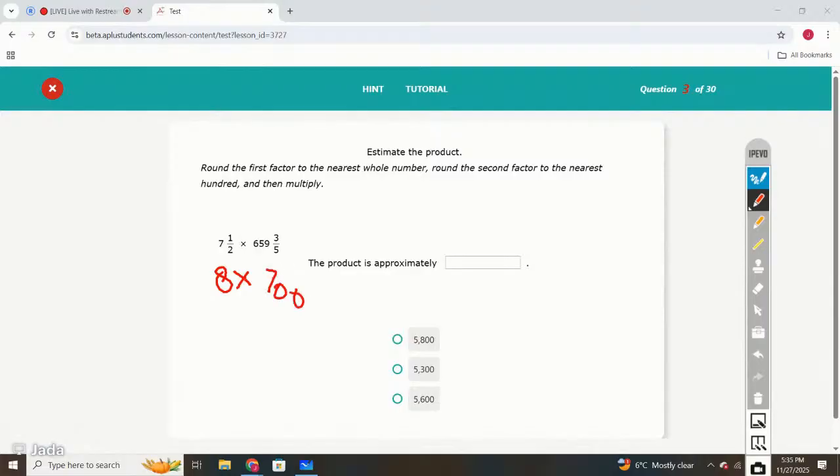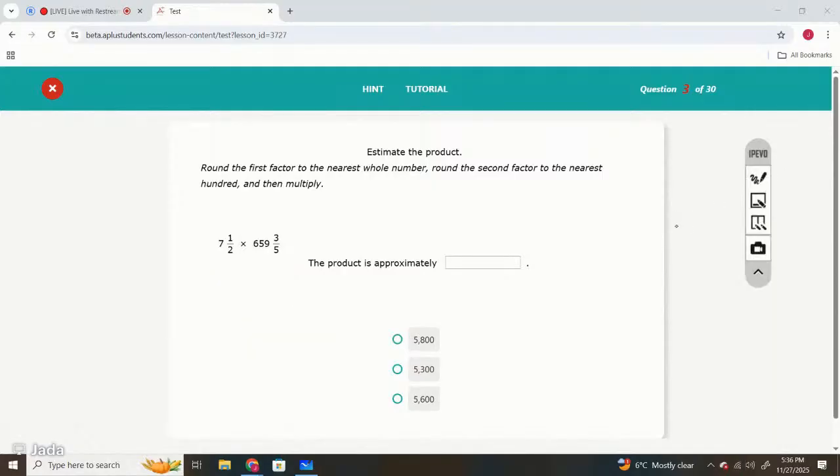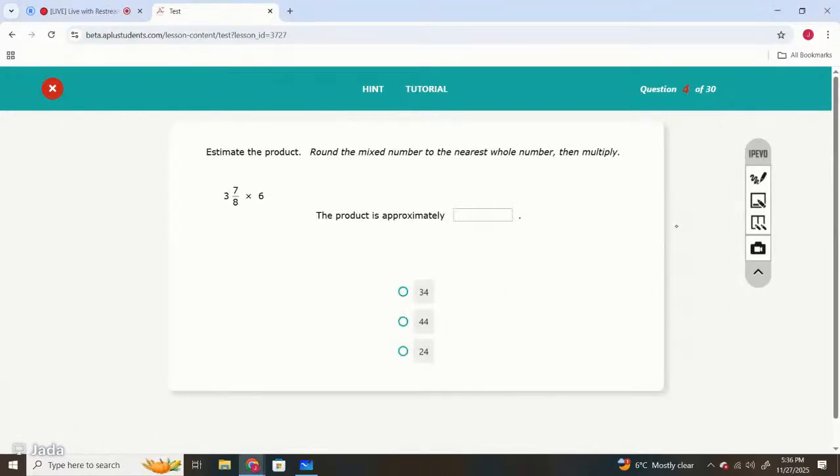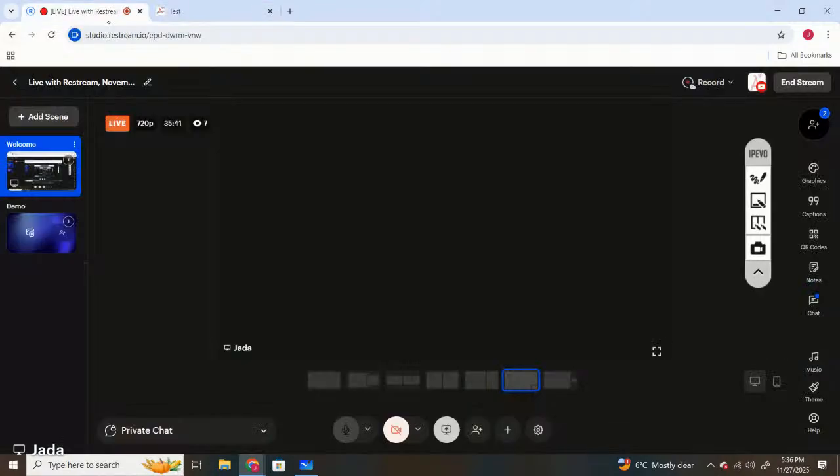So which is the correct option? 8 times 7 is 56, that is 5600. Option number 3 is the correct option, that is 5600.